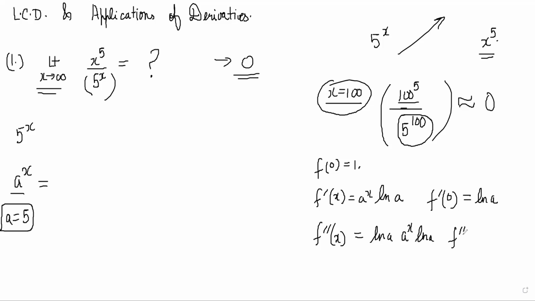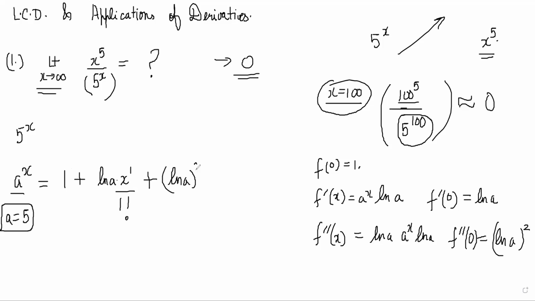So f double dash 0 will be ln a whole square. So you get the pattern: f of 0 is 1, plus f dash 0 is ln a into x power 1 by 1 factorial, plus ln a whole square x square by 2 factorial, plus so on. This is the series on the bottom where a is equal to 5.